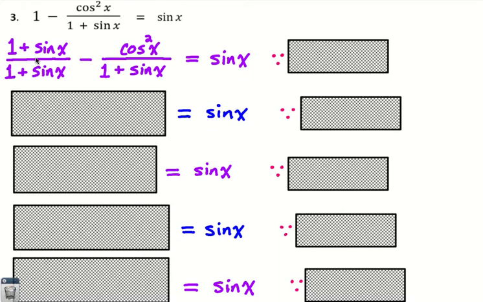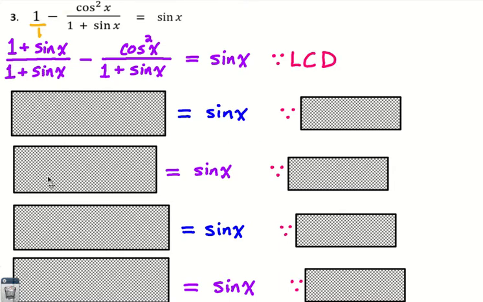So, looking at this, maybe we can do the subtraction, 1 minus that whole fraction. If you're going to do that subtraction, what you need is to make common denominators.